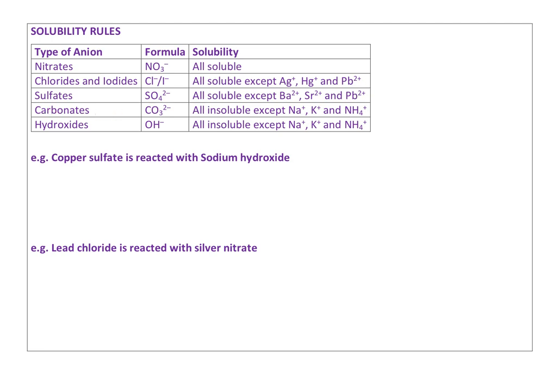And carbonates, another one of our polyatomic ions, CO3 2-, they will be all insoluble, so they will all form a solid precipitate except Na, sodium, K, potassium, and NH4, ammonium. This is a positively charged polyatomic ion that we often see. Hydroxides, another small polyatomic ion, they will be all insoluble except, same exceptions as before, sodium, potassium, and ammonium.